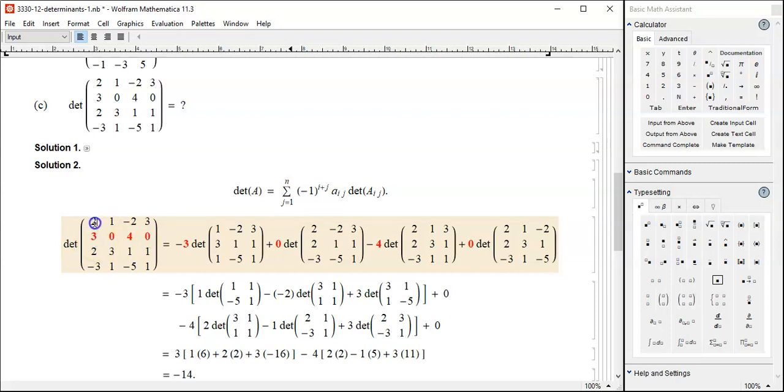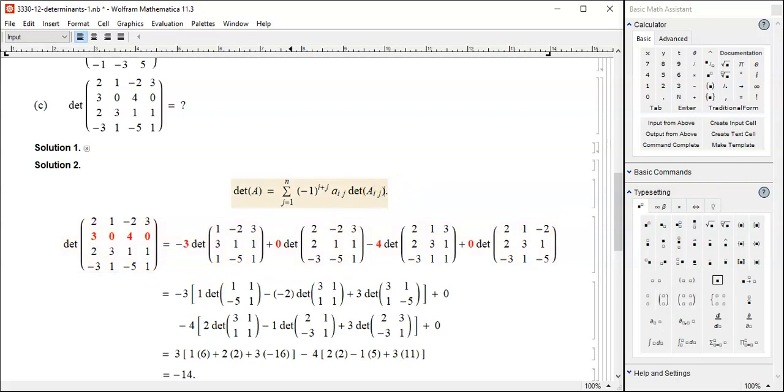So plus, minus, plus, minus, plus. So that's it. Minus, plus, minus, plus, like that. Negative 1 to the i plus j power. So i is 2 and j begins from 1. So negative 1 to the third power, that's odd power. So we begin with negative power.